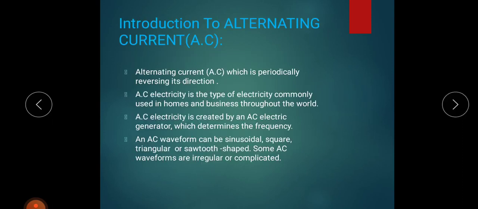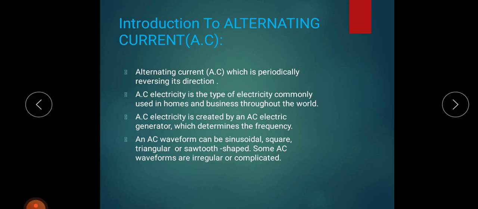Introduction to alternating current. Here alternating current is called AC, the short form of alternating current. Alternating current periodically reverses its direction with respect to time. It reverses its direction many times per second at regular intervals of time, which is typically used in the power supplies.